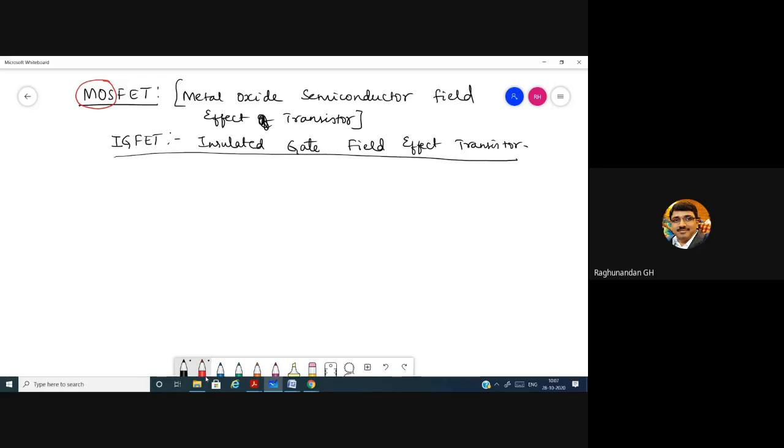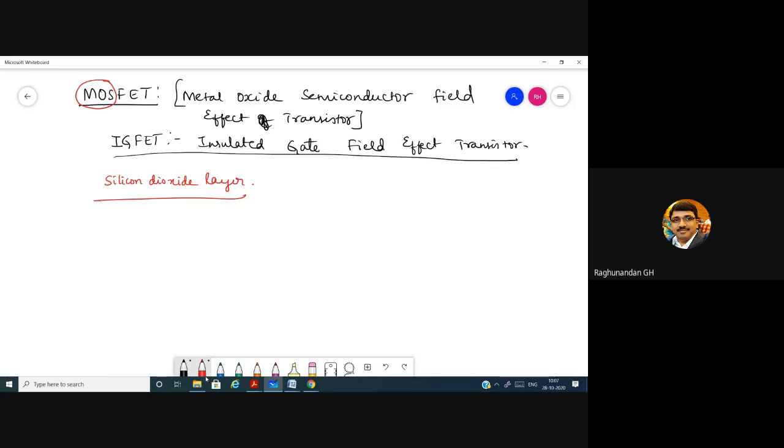Whenever oxide comes, it will be an insulating layer. So here we are going to use a silicon dioxide layer, SiO2. That's why it is known as insulated gate field effect transistor or metal oxide semiconductor FET.